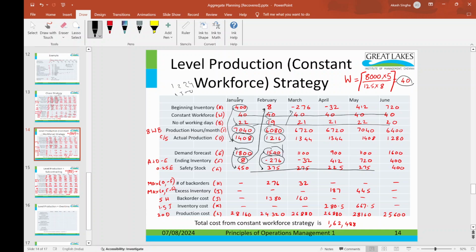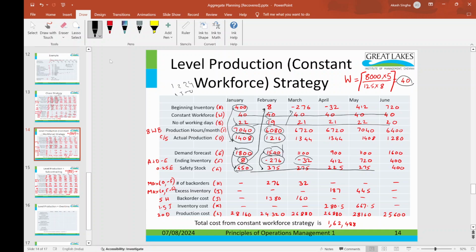These are the safety stocks, but if we keep more than this value, there will be a cost associated with it. And if there is negative inventory where we have a back order, called a stock out problem, and we provide that in the next month, there will also be a fine or cost associated with it.